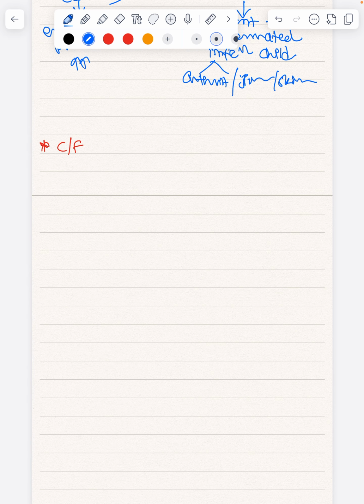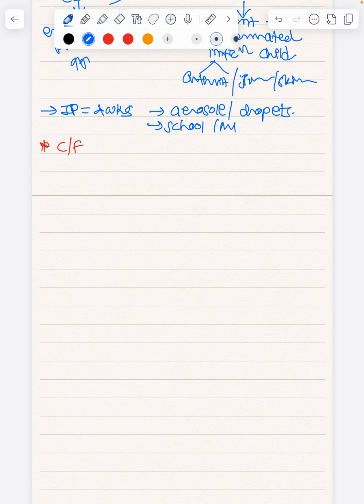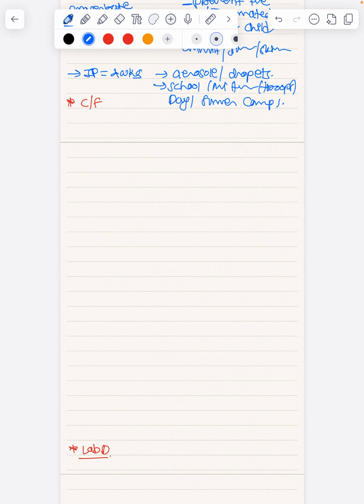Now moving toward the clinical features, but first of all, it has an incubation period of roughly 2 to 4 weeks, and it is transmitted by aerosol as well as droplets from person to person. So schools, military barracks, troops, daycare or summer camps have an increased chance of infection.